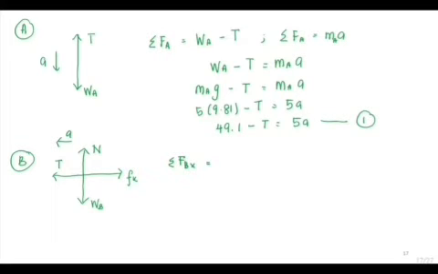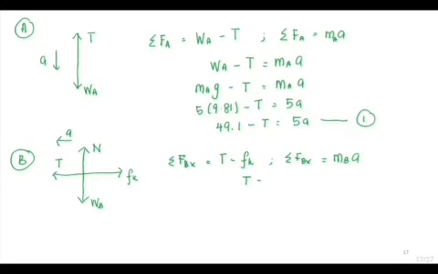Resultant force of block B at X component is equal to T minus kinetic frictional force, and it is equal to MA. Given kinetic frictional force is 5 Newton and mass for block B is 2 kg. This one we write as equation number 2.